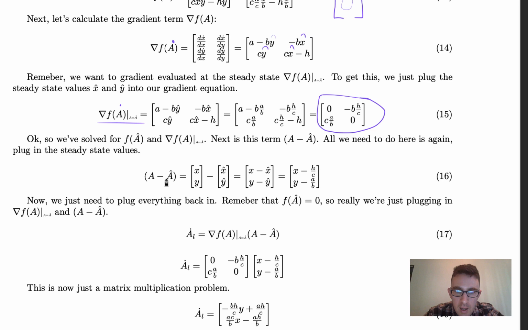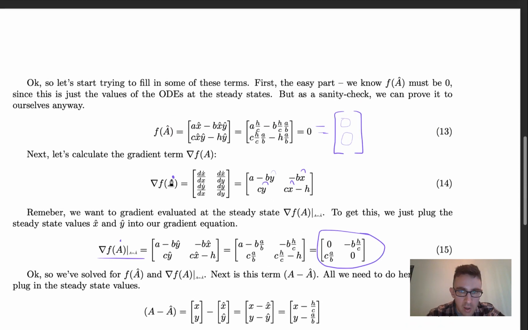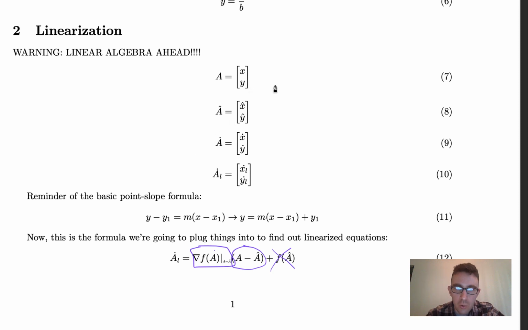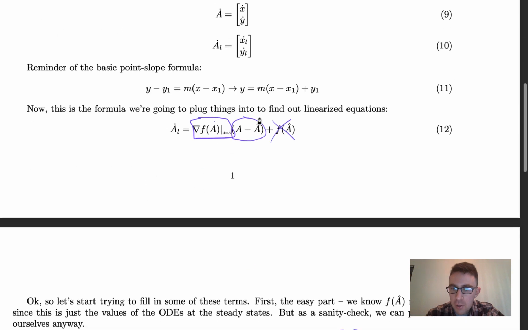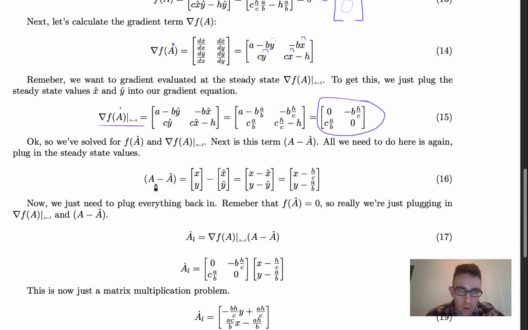So a minus a hat. The best way to do this is to just substitute in the actual things that are in these matrices, I think. So a minus a hat really is just this xy matrix minus this x hat y hat matrix. So that's equal to, we can just write the matrix another way.